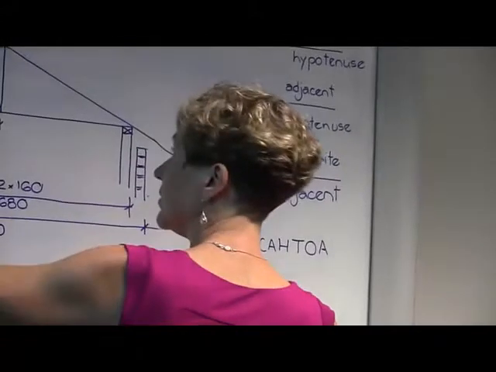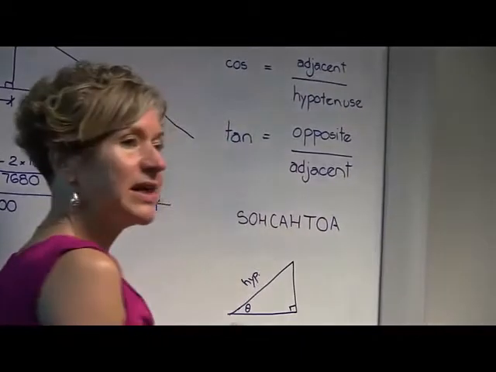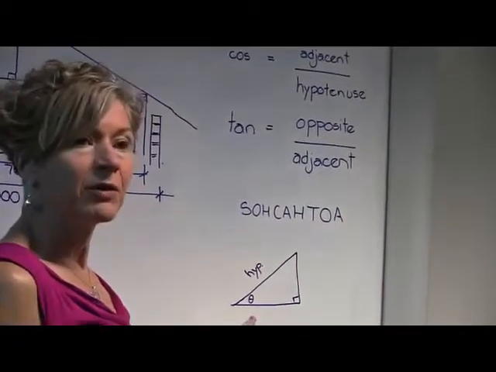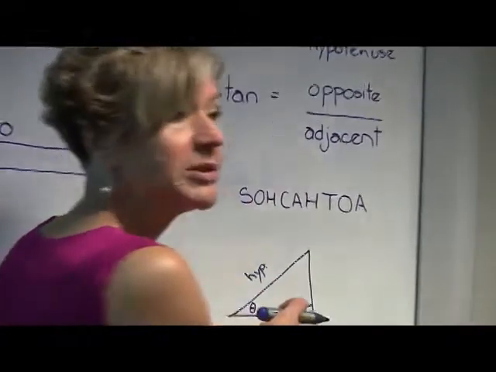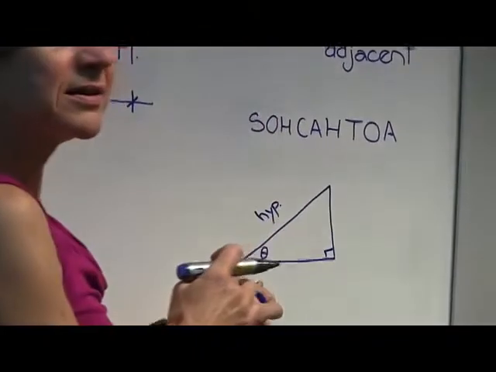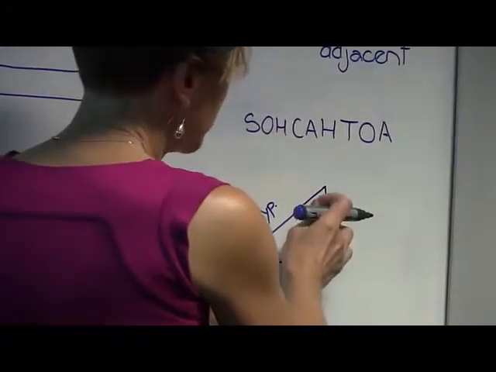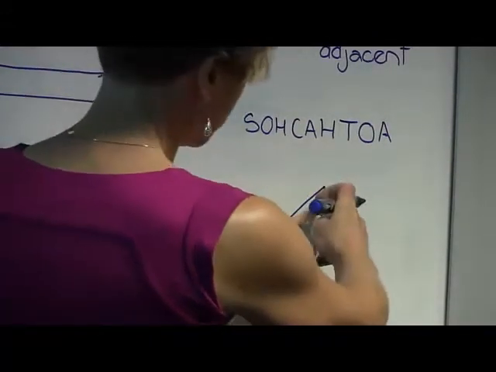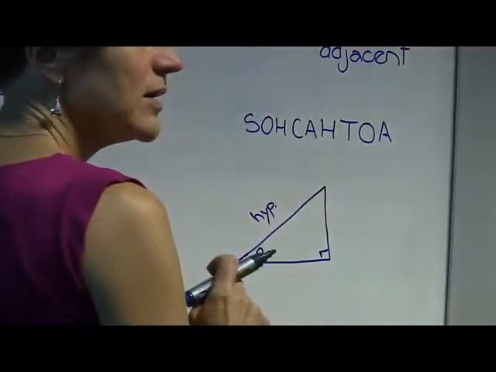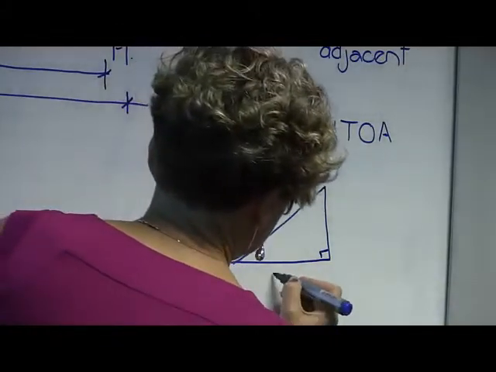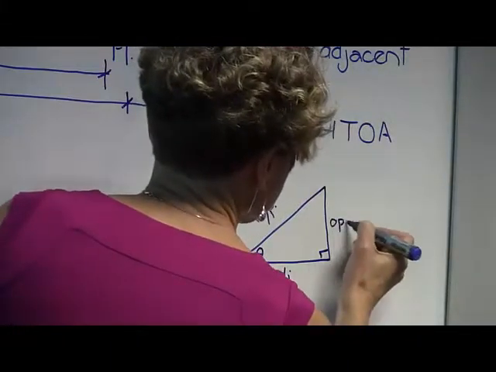Here I'm looking at that angle, which I'll call theta. The opposite side is the one over there, and the adjacent side is the one down here. If I was looking at the angle up there, the opposite would be this side down here, and the adjacent would be that one.